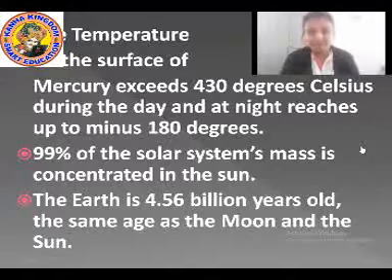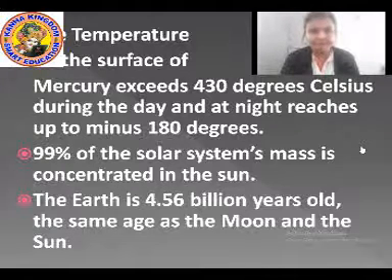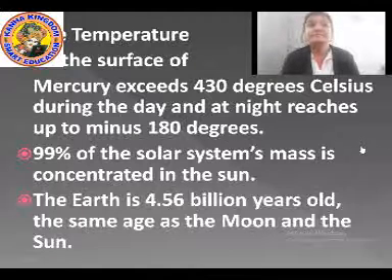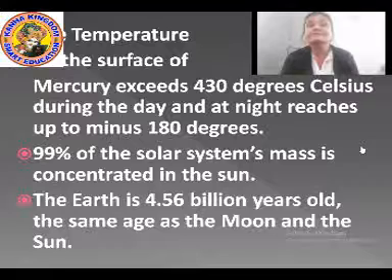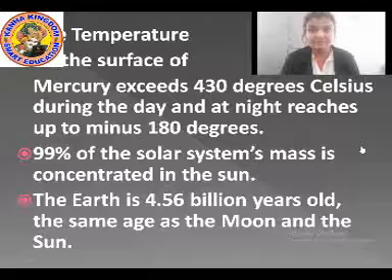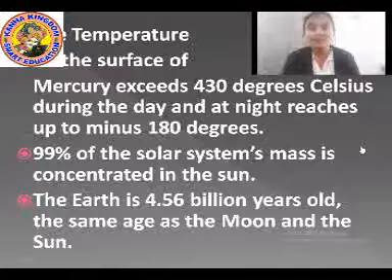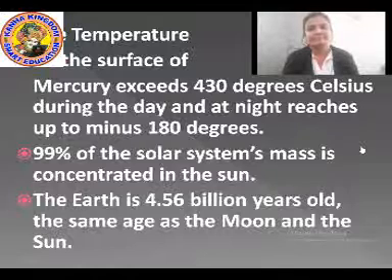During the day, when it is near the Sun, it exceeds 430 degrees Celsius, and at night it becomes cool and reaches minus 180 degrees Celsius.